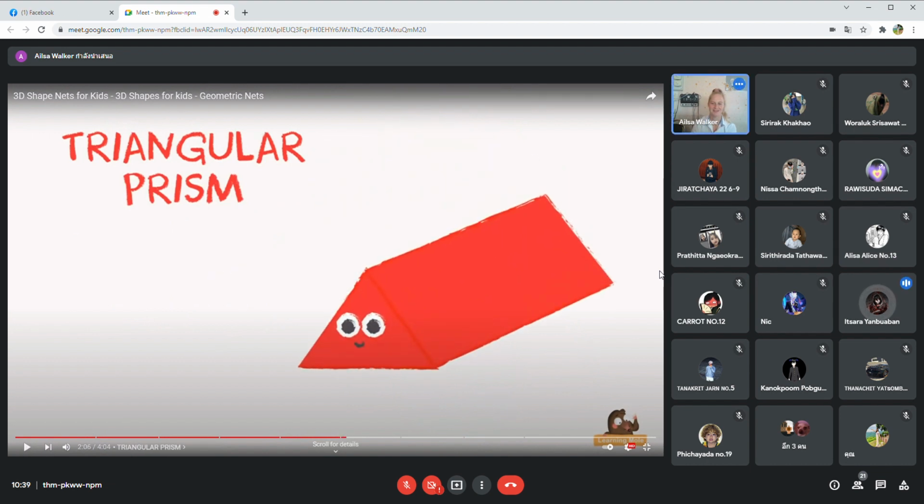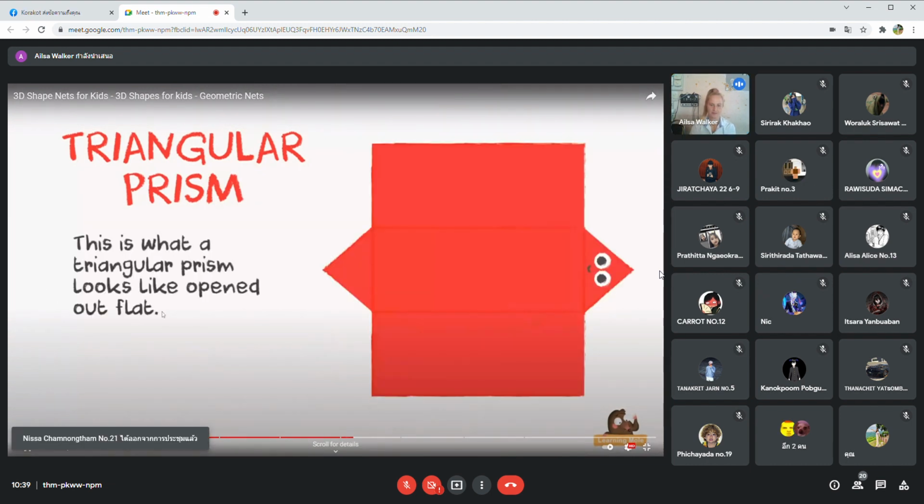Triangular prism. Yes, good. A triangular prism has 3 rectangular faces and 2 triangular faces.